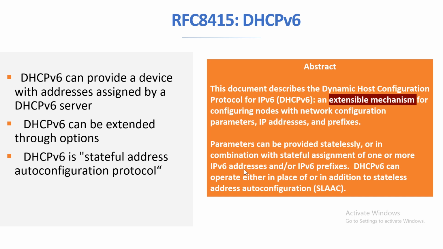And whenever you see something like this in the abstract, when you see an extensible mechanism, then you're thinking, extensible how exactly? Is it extendable through options? Is it extensible through extension headers?